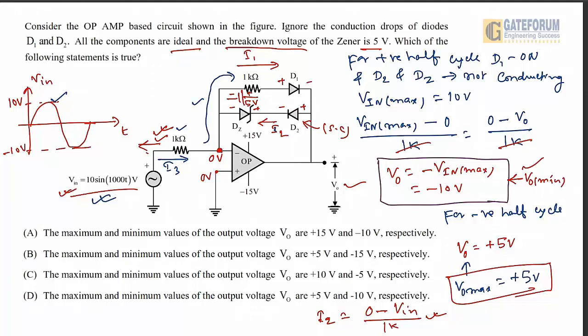So plus 5 volt is larger than minus 10 volt, so the maximum value of the output will be plus 5 volt and the minimum value will be minus 10 volt.